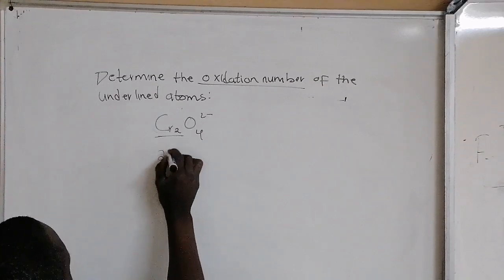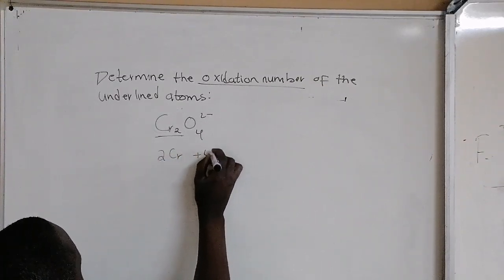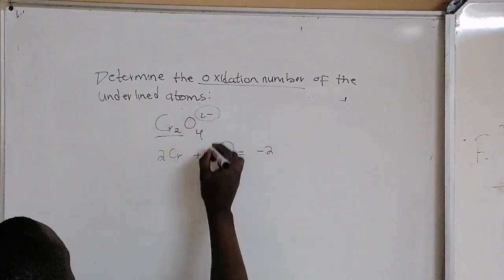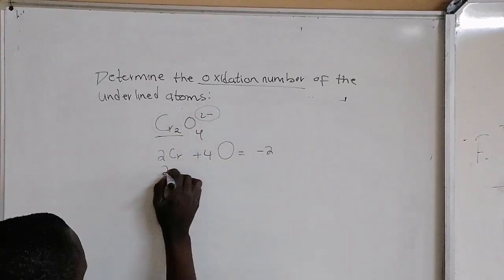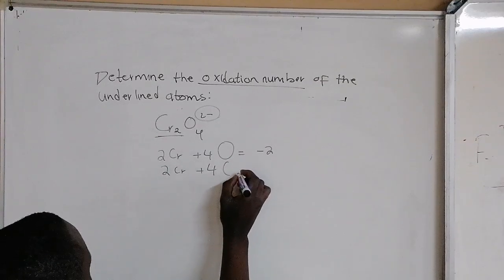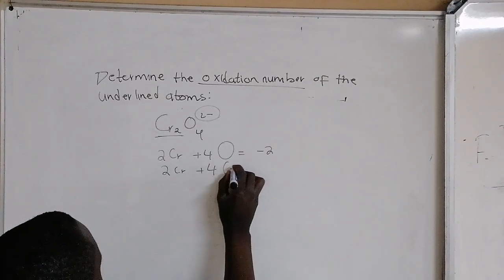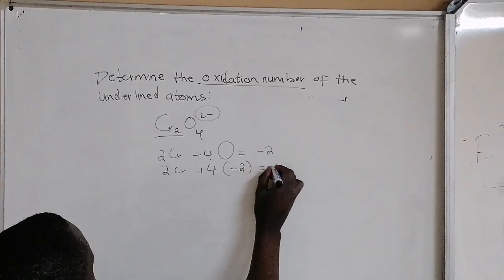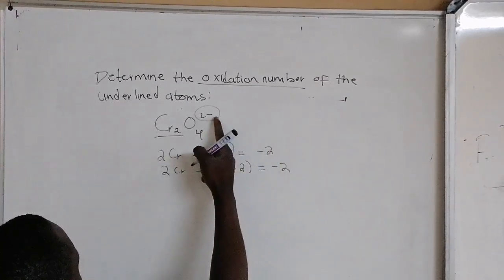It will be 2 Cr plus 4 oxygen atoms equal to the net charge. Therefore 2 Cr plus 4, we know that when oxygen is combined with other elements, its oxidation number is always -2, equal to the -2, which is the net charge.